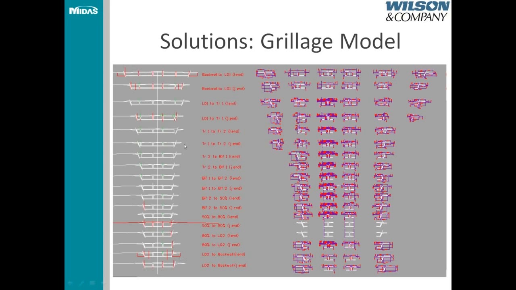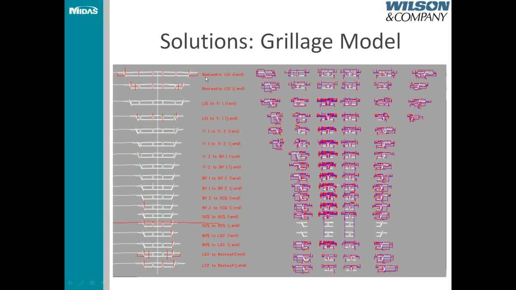Once I had that, I copied all this over here and broke each of those full cross-sections into the various segments. So there are 6 web lines up here. It includes the web itself and the effective flanges. Then out here where the bridge narrows, there are only 4 web sections per location.